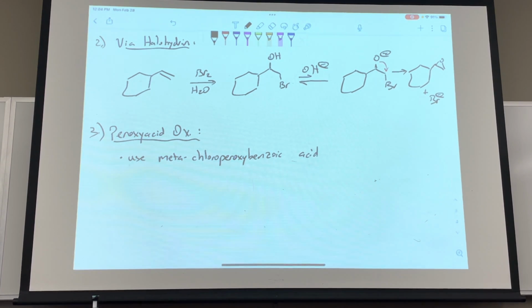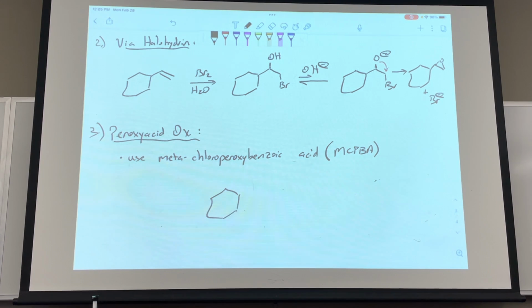Nobody calls it this, everyone just refers to it as MCPBA. If you think about it, you can probably figure out what this structure looks like, because if you take the peroxy out of it, it's just metachlorobenzoic acid. Metachlorobenzoic acid would look something like this.